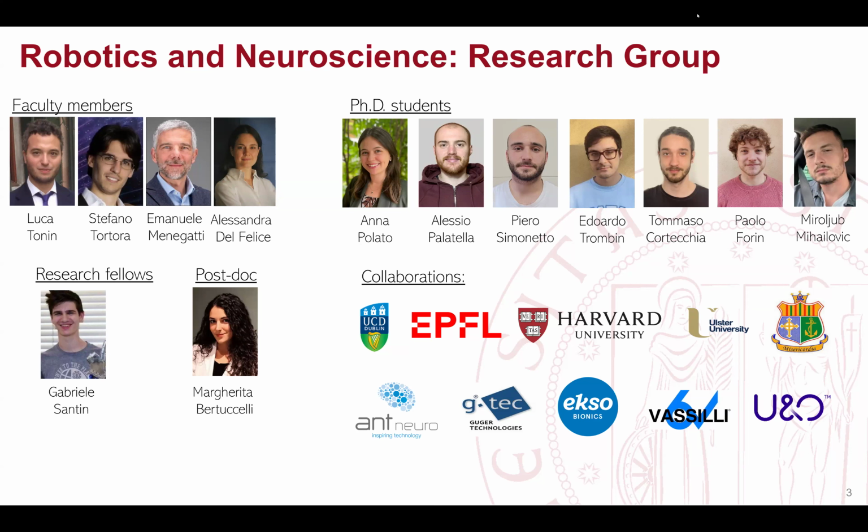So we created a robotics and neuroscience group, which fuses together engineers, biomedical engineers, control system engineers, computer engineers, of course, and neuroscientists. We have also activated strong collaborations with neuropsychologists, physiotherapists, and of course physicians. We believe that it is the best way to work in this area.